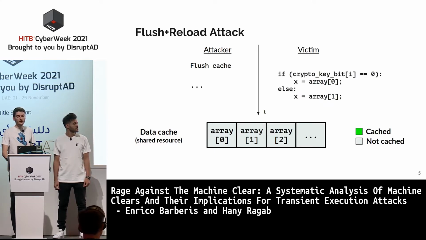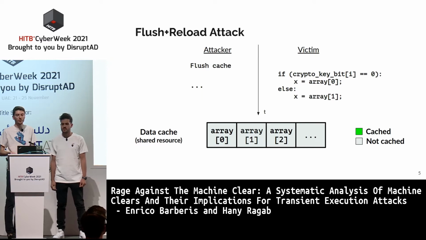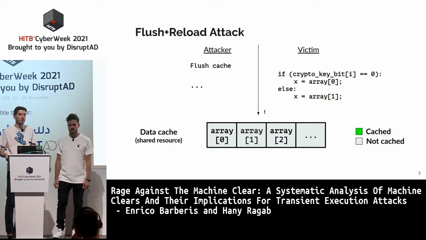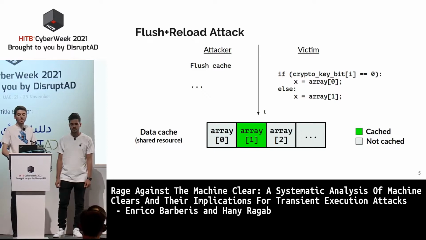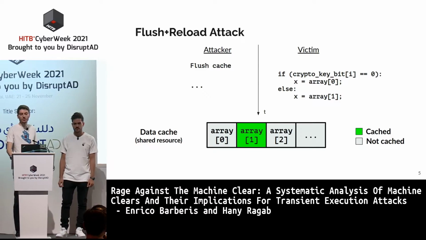Then the victim will execute a snippet of code that, depending on a secret value, a bit of a crypto key, will access either array 0 or array 1. Let's say that in our example, we are accessing the first entry of the array, so array 1. And this will bring array 1 into the cache.